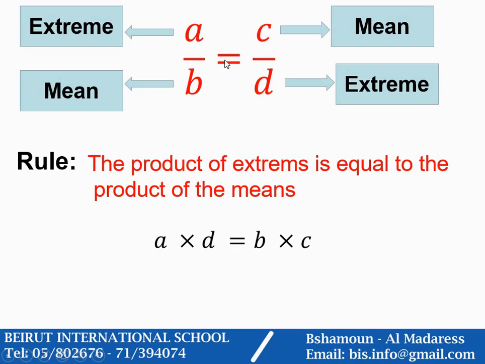So if you multiply A times D, it will be equal to B times C. That's what we call cross multiplication. It's actually a rule in the proportion. So A times D is equal to B times C whenever you have a proportion.